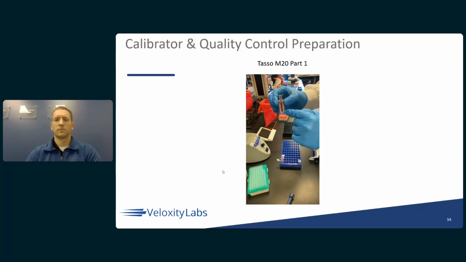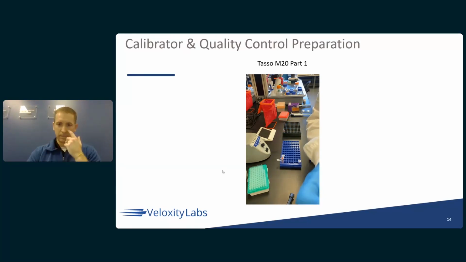As it flows through, once we see that blood at the bottom, we know that it's filled. After that has come to completion, we will remove the film on the other side of the device, which allows it to dry. Very simple to do. Then we will place the device into the rack, allowing it to dry overnight.